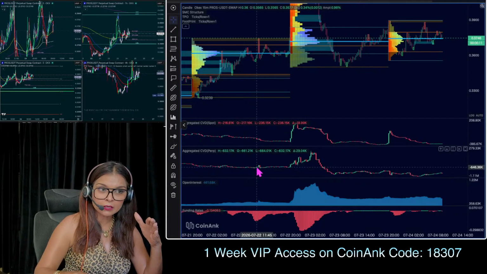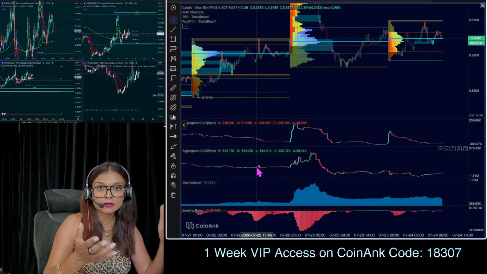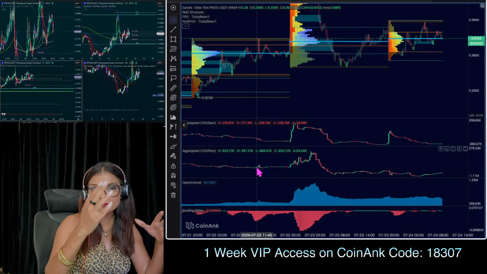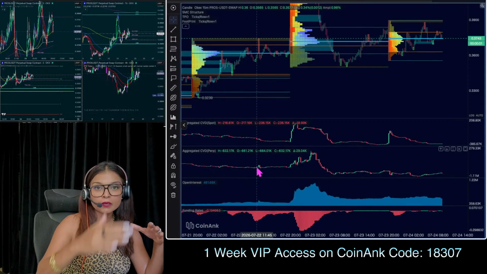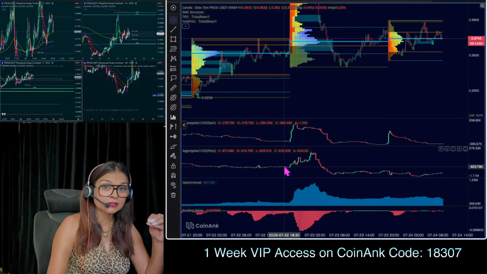Open interest going down will not tell you whether longs or shorts are closing. Open interest will just tell you if positions are opening or closing. To see whether it's longs or shorts, you'll have to look at the CVD, the cumulative volume delta.